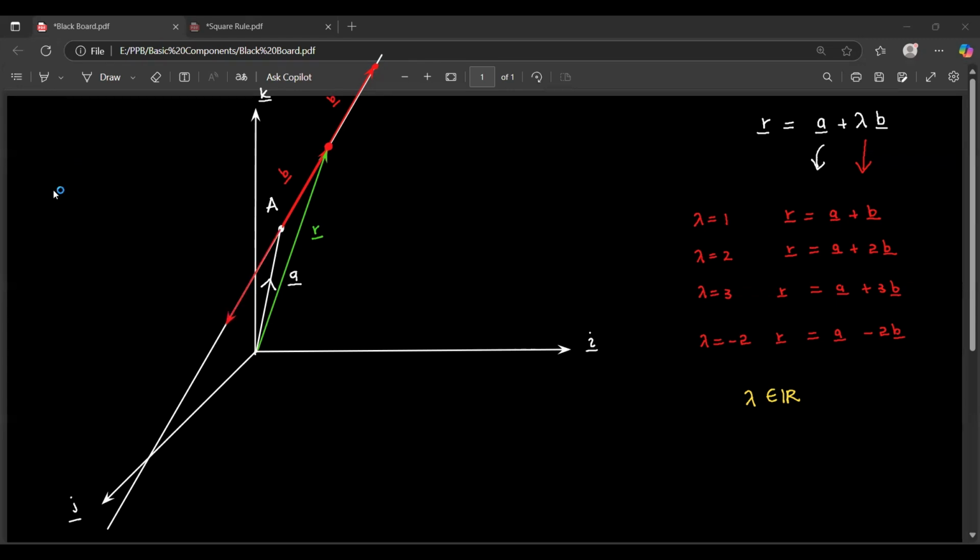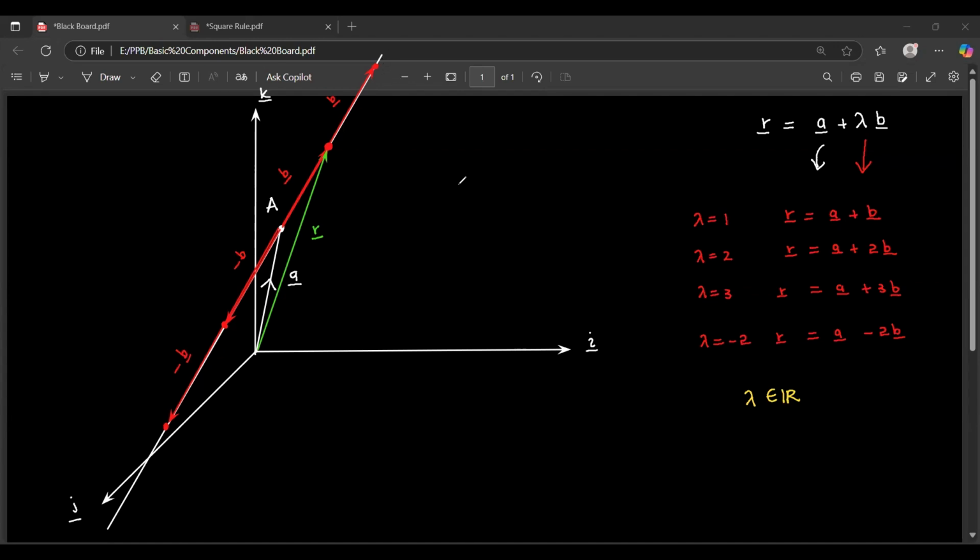That is A minus B, which also represents a point on this specific line. And we can have A minus 2B, which can also represent the position vector of a point on the given line.